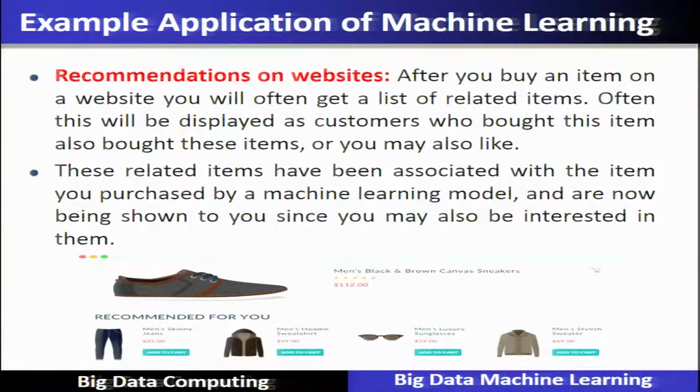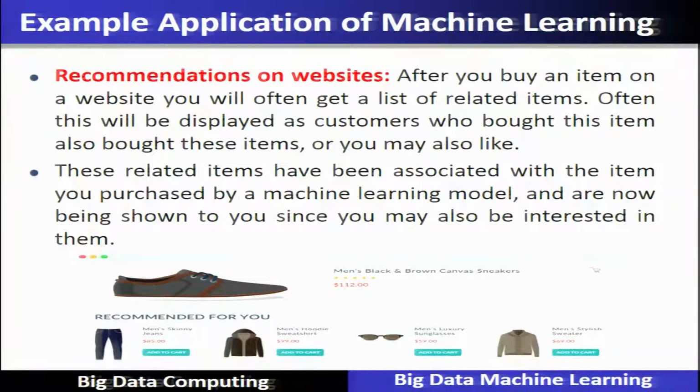Now, a further example of machine learning is recommendations on websites. After you buy an item on a website, you will often get a list of related items. Often this will be displayed as "customers who bought this item also bought these items," or "you may also like." These related items have been associated with the item you purchased by the machine learning model, and are now being shown to you since you may be interested in buying them.